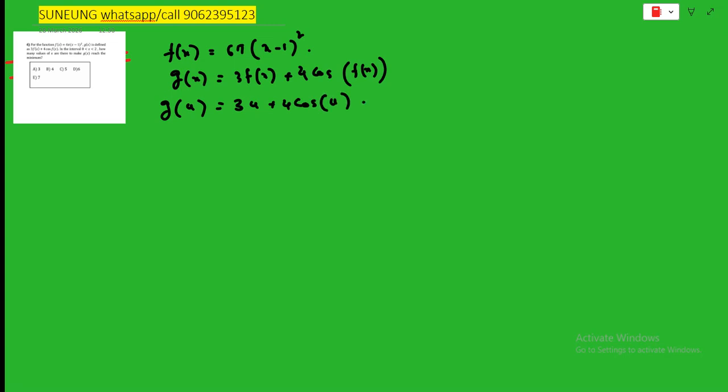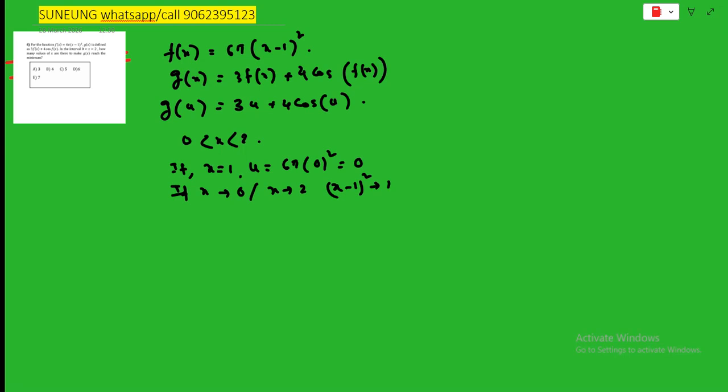Alright, now what is the range of u, which is f(x) when 0 < x < 2? Now if x is equal to 1, then u will be what? 6π times 0 squared, that will be 0. That's our minimum for u. And if x tends to 0 or x tends to 2, then (x − 1)² tends to 1, right?